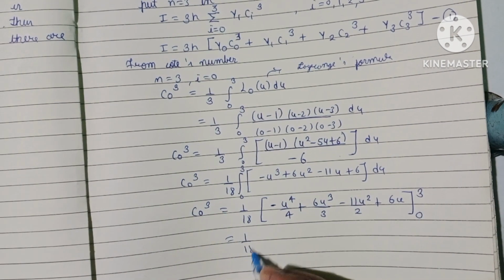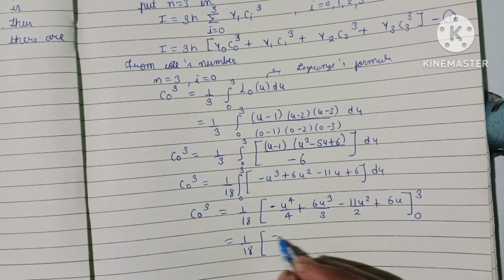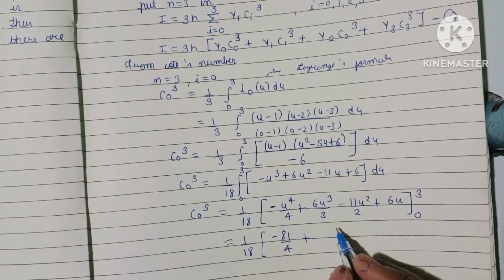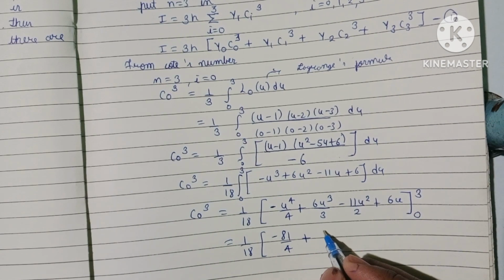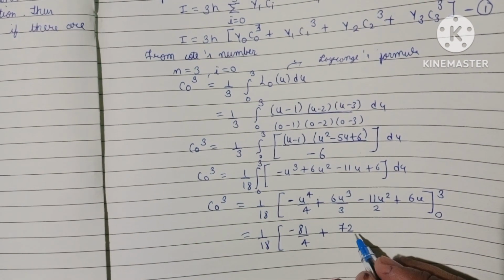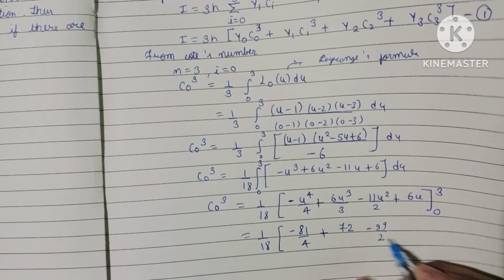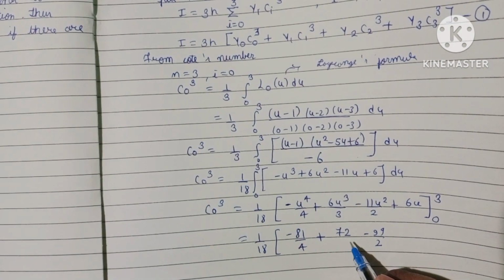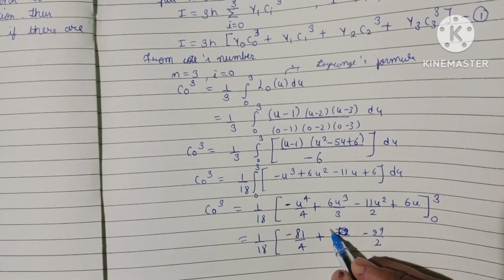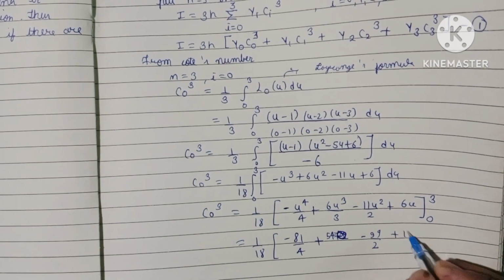Putting in the limits, we get minus 81 upon 4 plus 72, and solving we get minus 99 upon 2, then 54, and this will be 18.